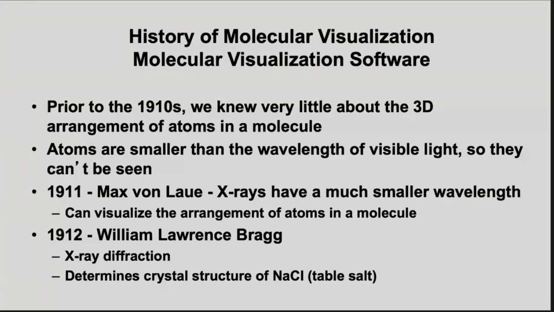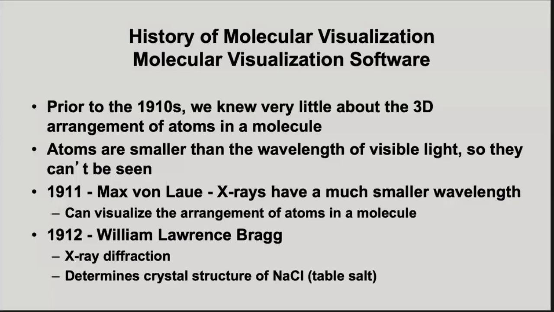And then it only took a year for someone else to turn that theory into a practical application. In 1912, William Lawrence Bragg, who was working at one of the research laboratories in London, developed the process of X-ray diffraction, using atoms to reflect or diffract, which is really a way of bending, a beam of X-rays.